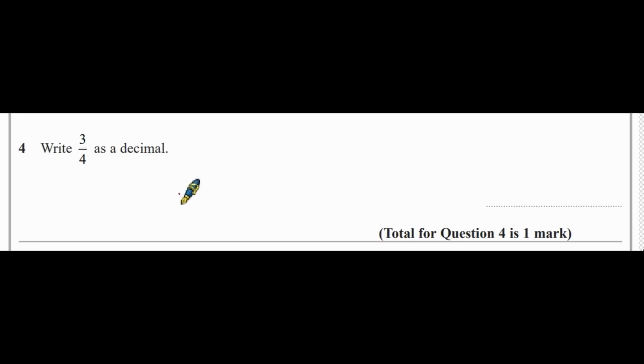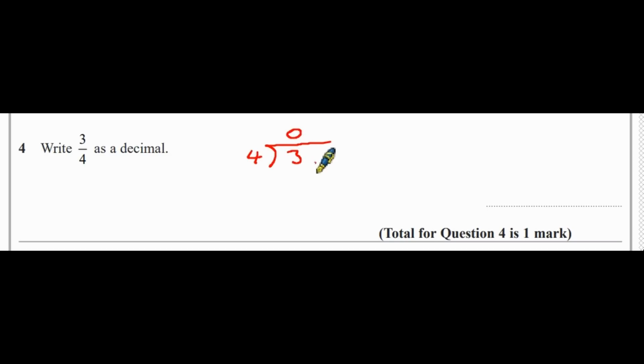Moving on to question 4, write 3/4 as a decimal. This is hopefully one of the ones that you might already know automatically and you can simply write down the answer. But if you're not sure, then to change a fraction into a decimal, it is the top number divided by the bottom. So let's do this using long division. How many 4's in 3?